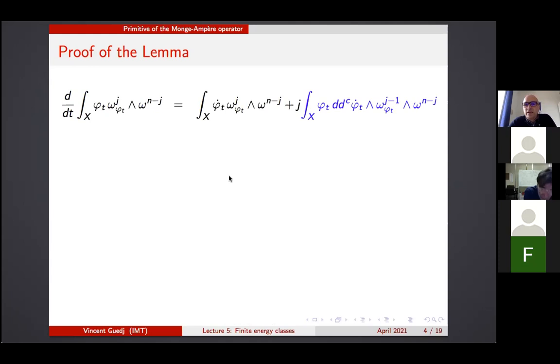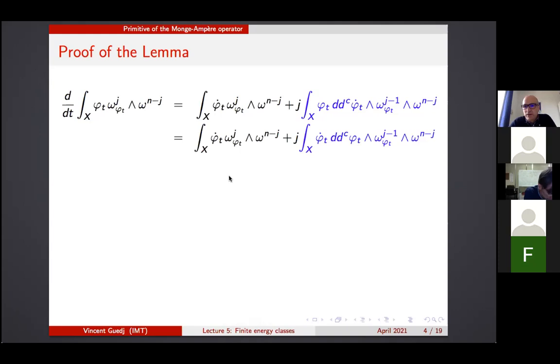Fair enough. Now I will integrate by parts on this second term. You see that the integral of phi_t ddc phi_t dot, I think of it as the integral of phi_t dot ddc phi_t. This is what I get by doing so, just using Stokes' theorem.